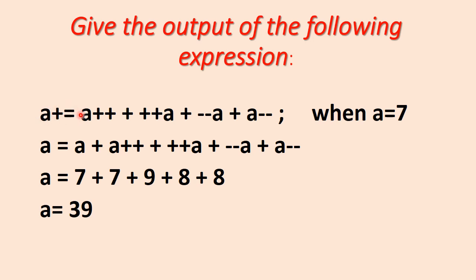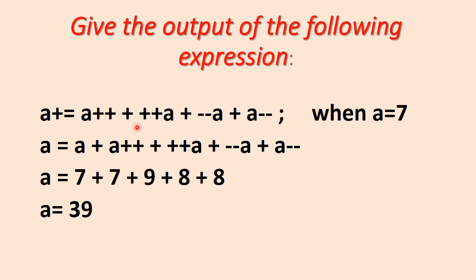We will add here, in the complete expression, the original value of A. Means what will be the final value of this complete expression in which we will add the original value of A. And what is the original value of A? 7. Initially the value of A is 7.